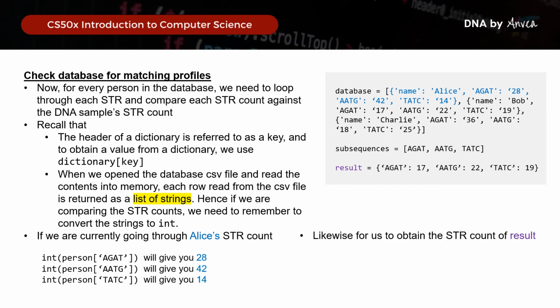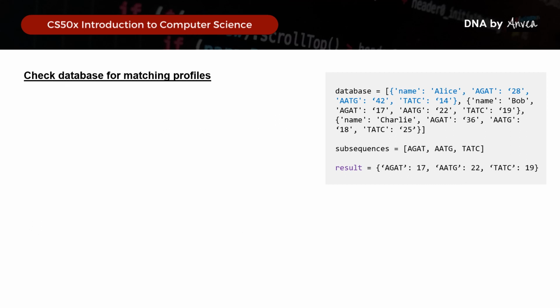Likewise, if we're obtaining the STR count for result, AGAT will give you 17, AATG will give you 22, and so on for TATC, which equals 19. Okay, so this is what we'll be doing to compare the STR count for the person against that of the result. And if there's a match, we will know that this DNA sample belongs to the individual.